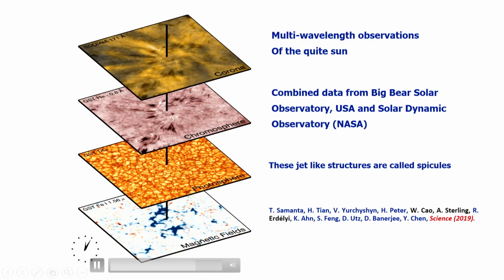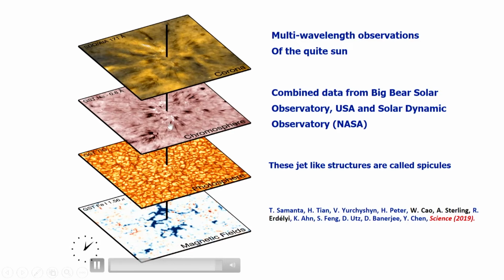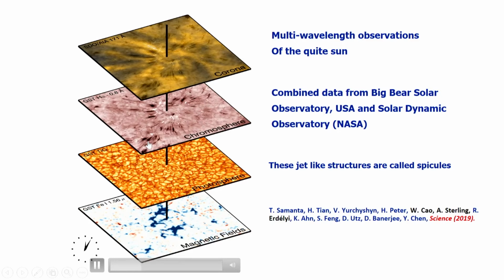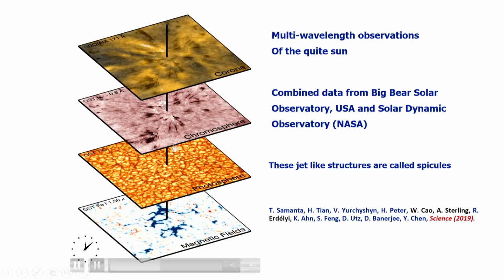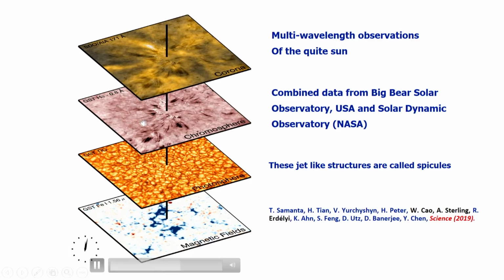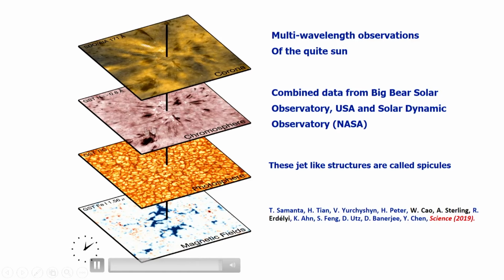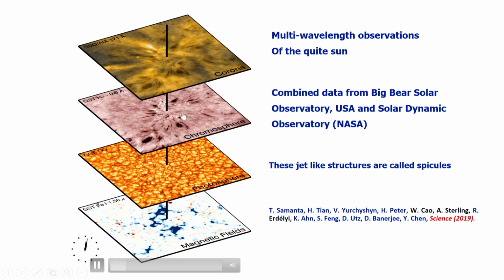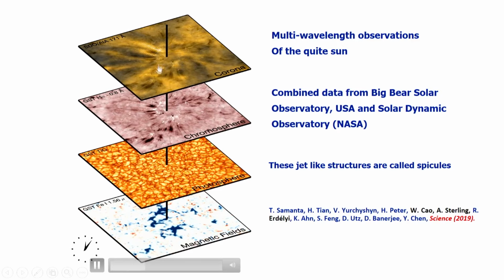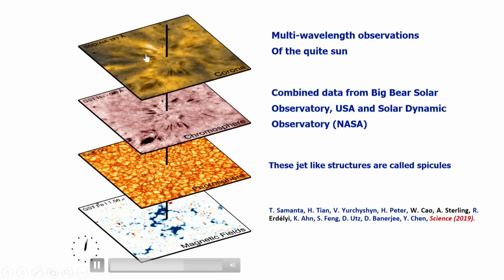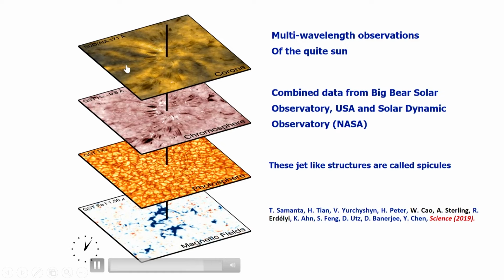And whenever they cancel each other, then you will see this kind of ejecta. These are called solar tiny jets or spicules, which are observed in the chromosphere by, again, a ground-based telescope with H-alpha observations. And then you see the results of these jets in the higher atmosphere in the corona, and you see these kinds of brightening, which shows the presence of strong heating.